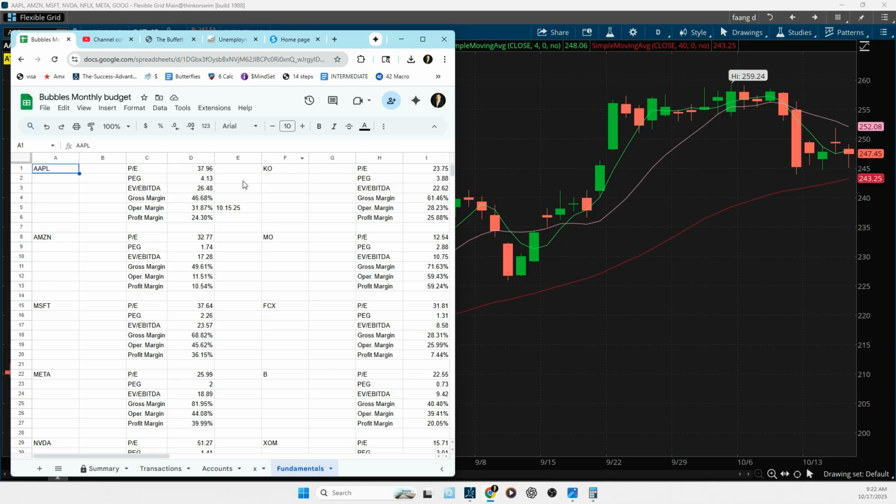So for example, Coca-Cola is in one sector, MO is in a different sector, FCX is in a different sector, and a lot of these Mag 7, they're kind of in a tech sector. So there's these different sectors, right? And here's oil down here, Exxon. And so each sector could have its own sort of normal PE. But overall, the number we're going to look at before we analyze deeper is 25, our starting number.